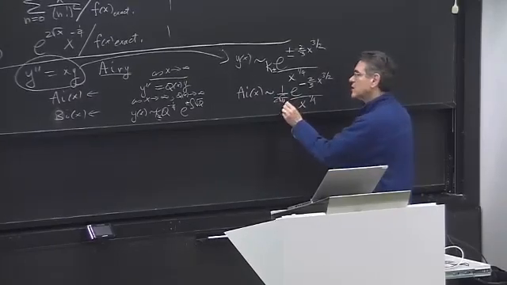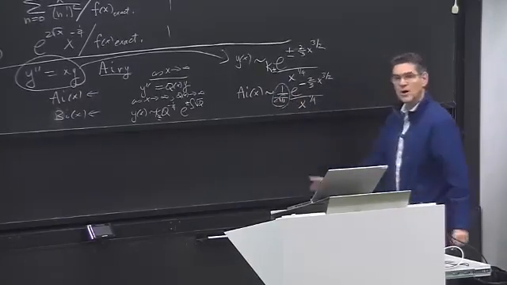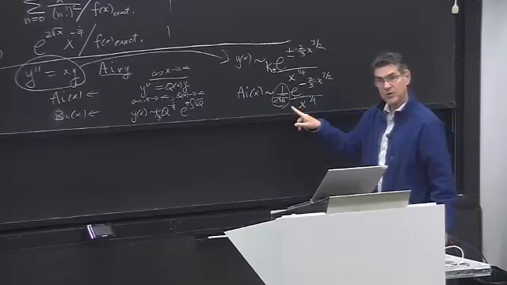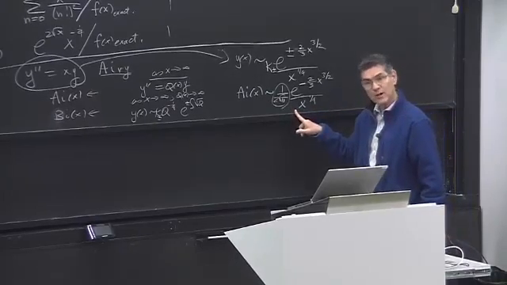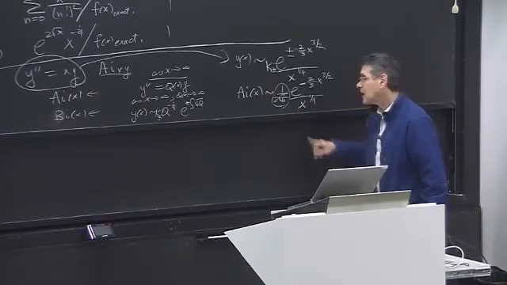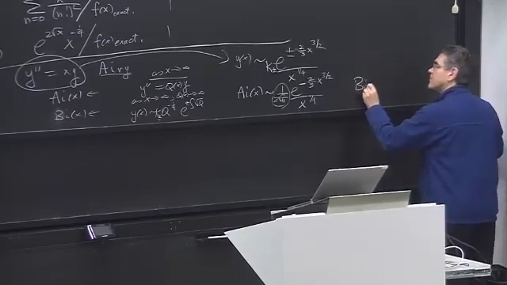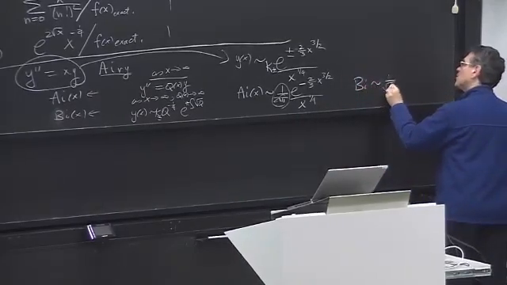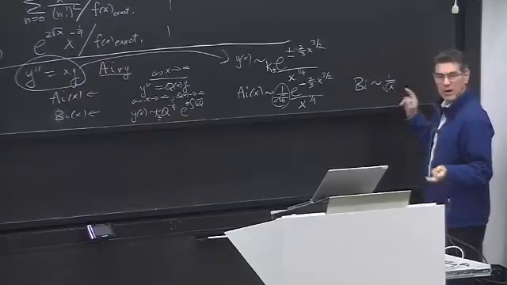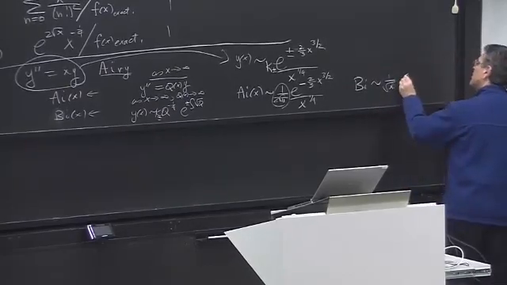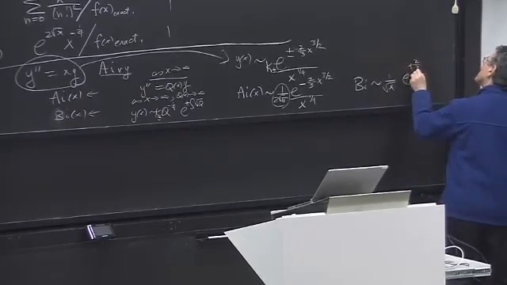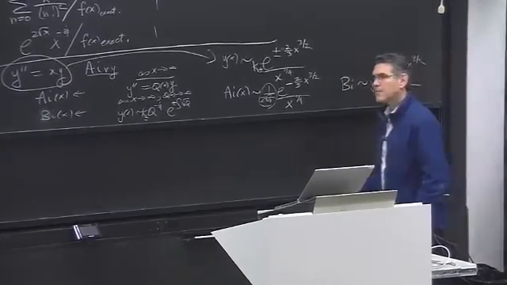In fact, you can regard this as a definition of Ai of x. This is how Ai of x is normalized, if you like. And Bi of x behaves like 1 over the square root of pi, not 2, times e to the plus 2/3 x to the 3/2 over x to the 1/4.